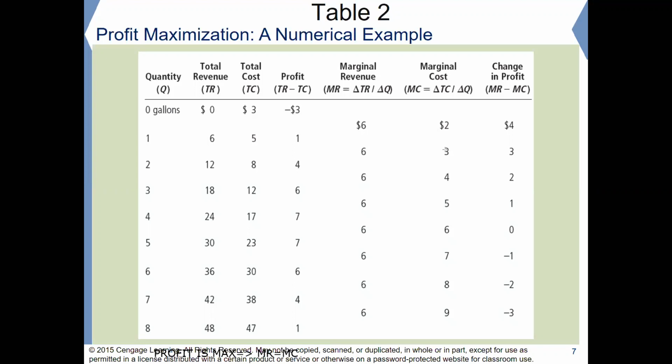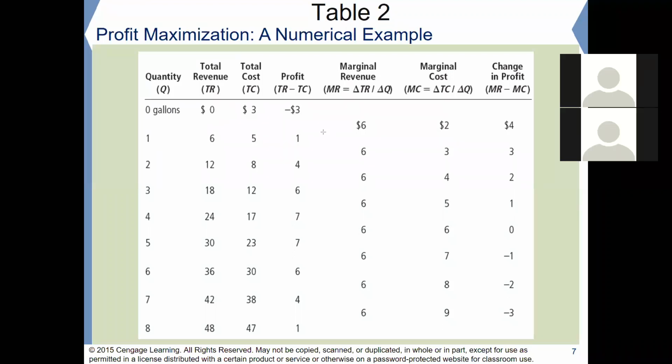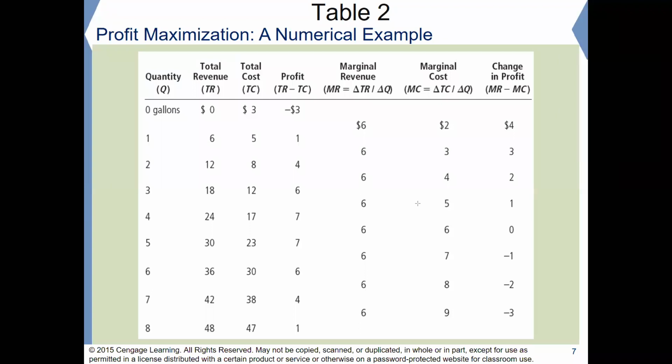You remember the case? It is said that if marginal revenue is higher than marginal cost, then the firm should increase the production. If marginal revenue is lower than marginal cost, then the decision by the firm should be decreasing the production.